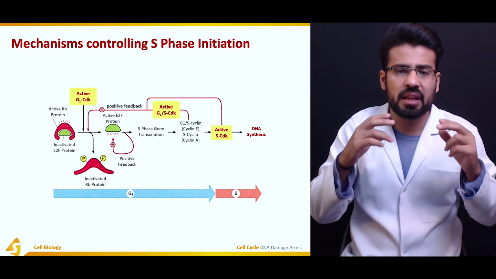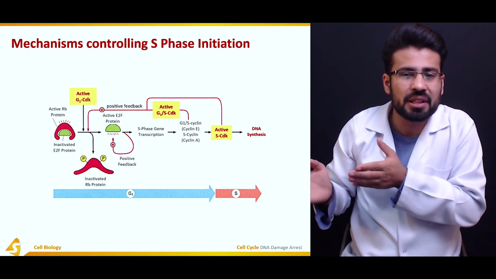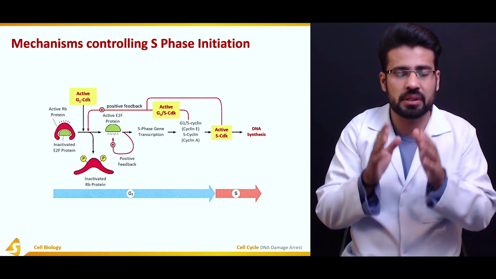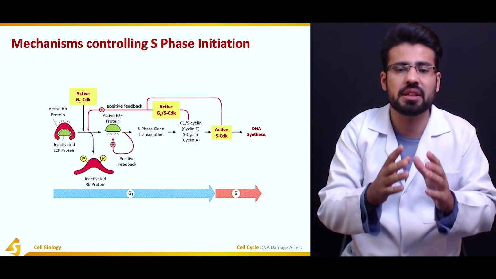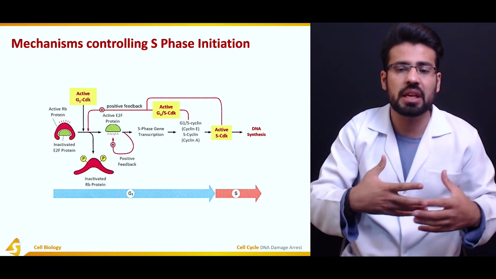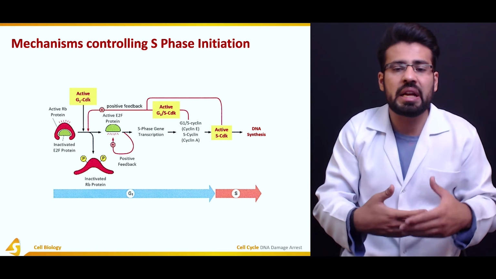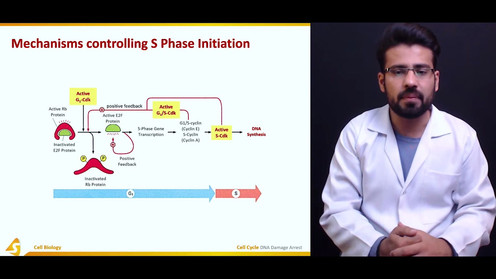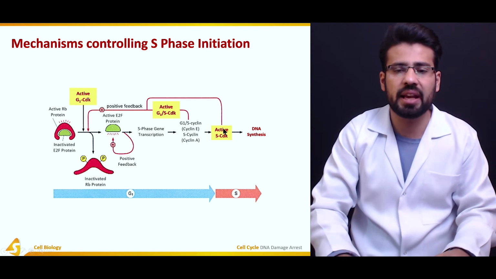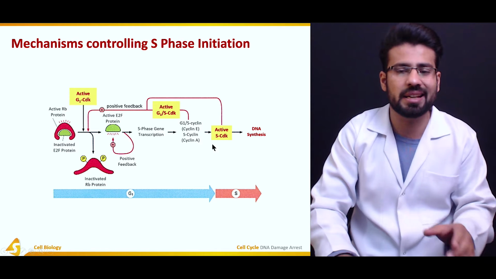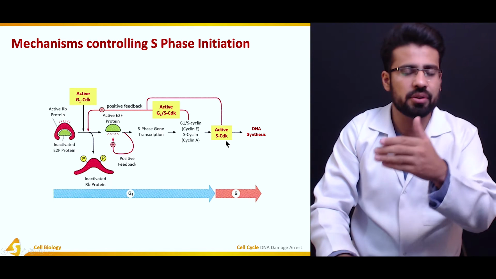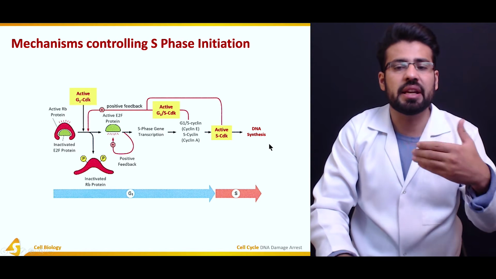The second step is, because the cell needs to enter into the S phase, there is a requirement for the synthesis of the cyclins that play their important functions in the S phase, and that is the formation of the cyclin A molecules. Both of these in combination are going to cause the activation of the cyclin CDK complexes, which basically result in DNA synthesis.